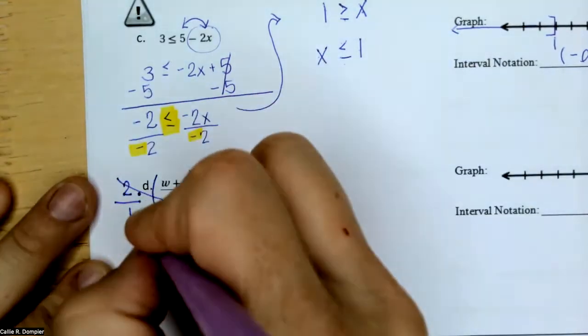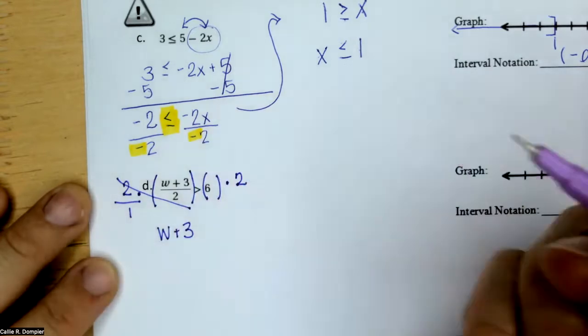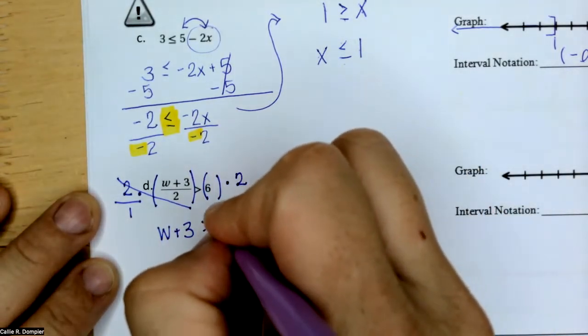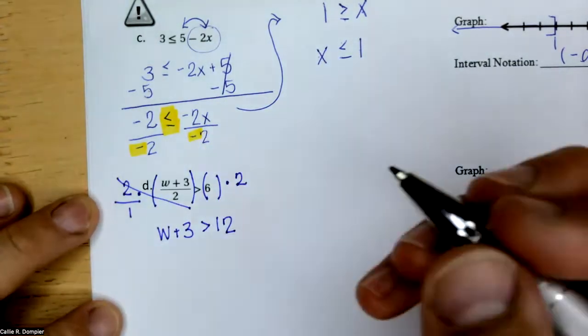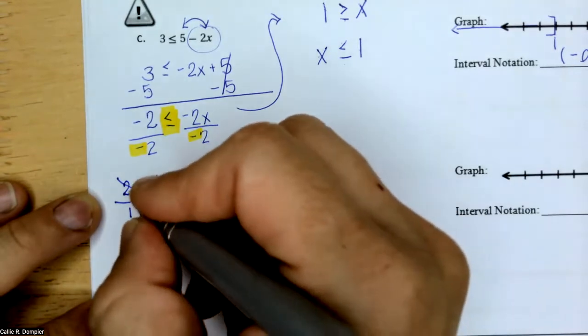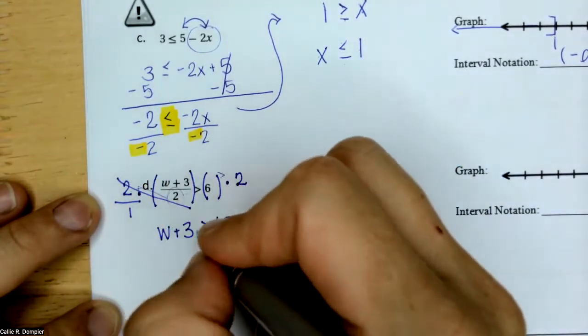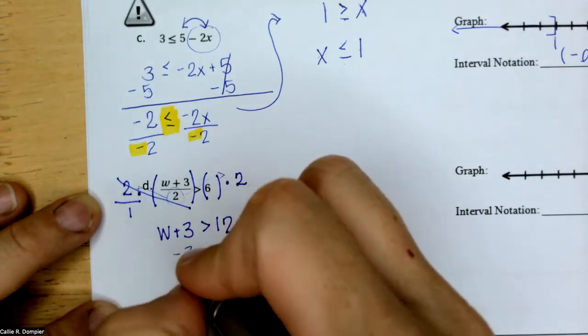That just means that cancels, and I have w plus 3, or w plus 3/1, but that's still just w plus 3, is greater than 6 times 2 is 12. Good? All right. We got rid of that scary fraction by multiplying by the bottom of that fraction. W plus 3 is greater than 12, so we're going to subtract 3.